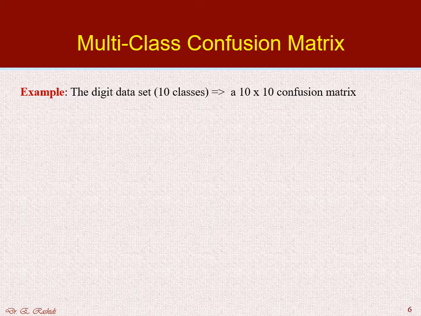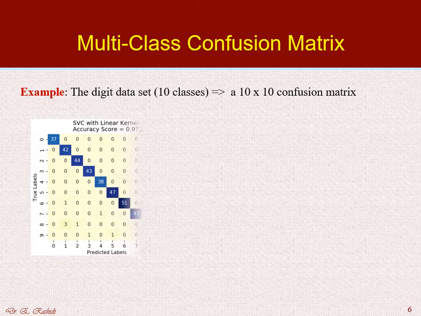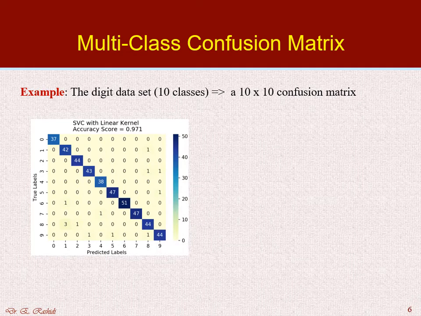So the confusion matrix for this problem would be a 10 by 10 confusion matrix. We have run the SVC classification model with linear kernel and with the RBF kernel. Here is the confusion matrix using the SVC linear kernel. The accuracy score is 97%.